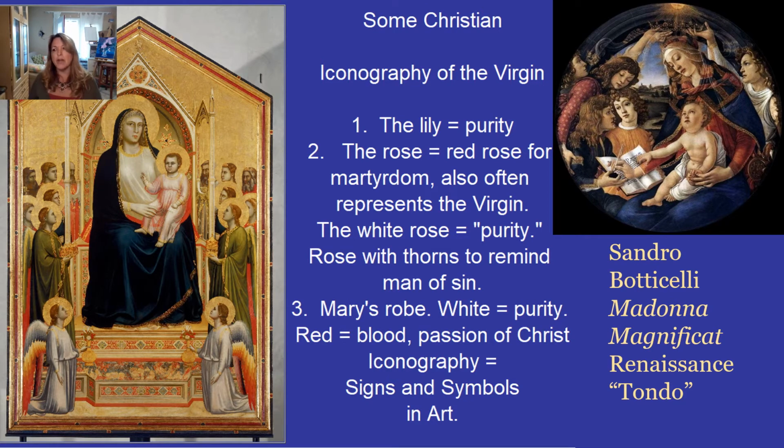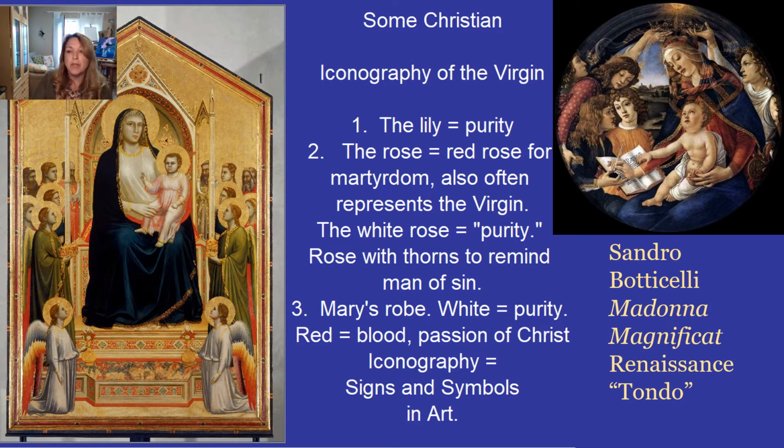And part of that was intentional. They were painting this Son of God, and they wanted it to not be too realistic. Now, by the time we get to the Renaissance, we do see more realistic babies, particularly Raphael and others.